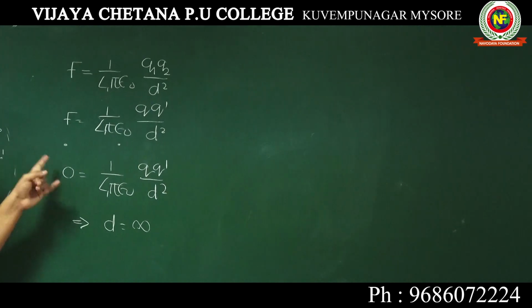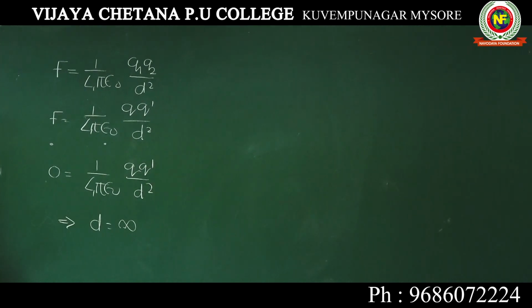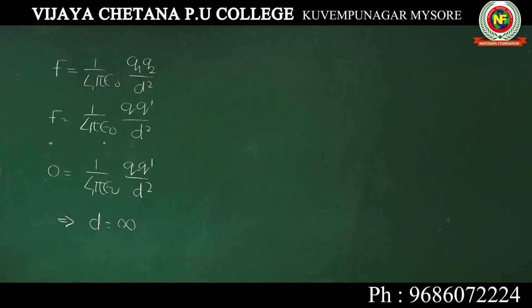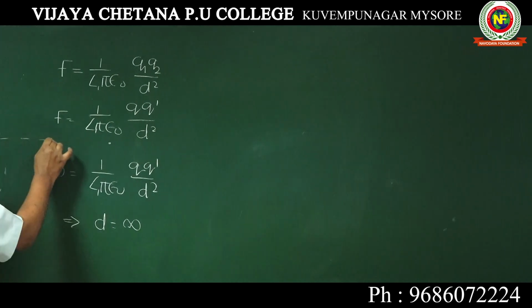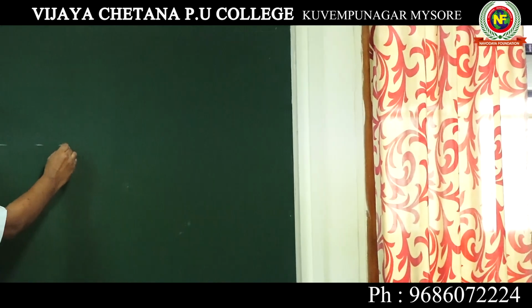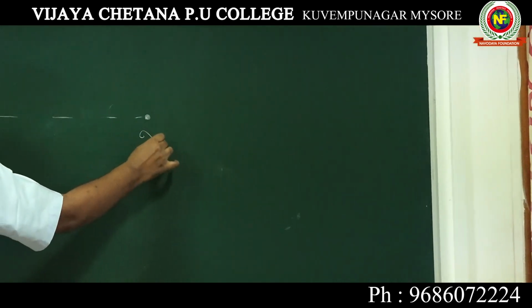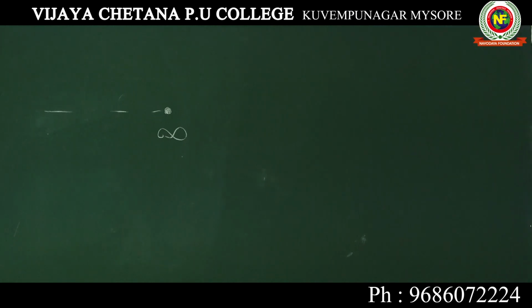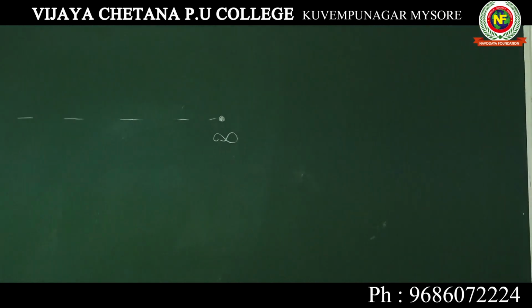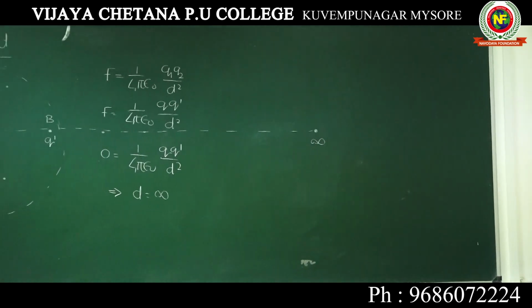At any point if the force is zero, then field is not existing. Therefore, around a charge, if you want to find the zero force, you must go to which point? You must go to a point whose distance is infinite. Okay? When distance becomes infinite, force drops to zero.